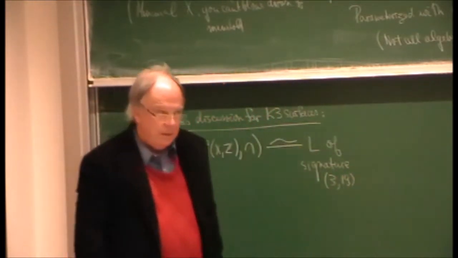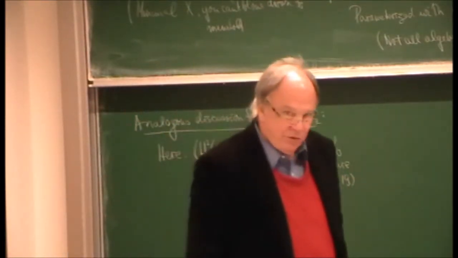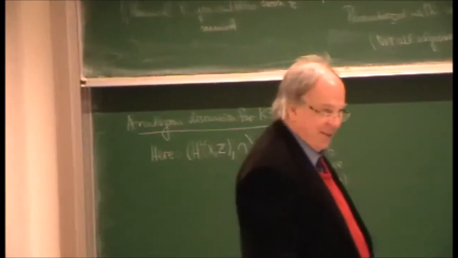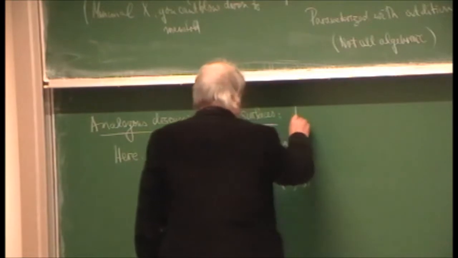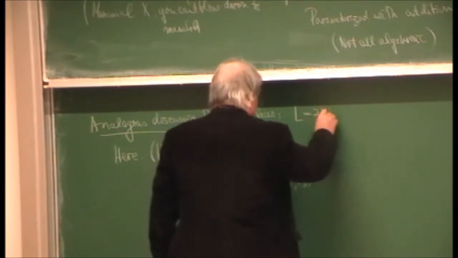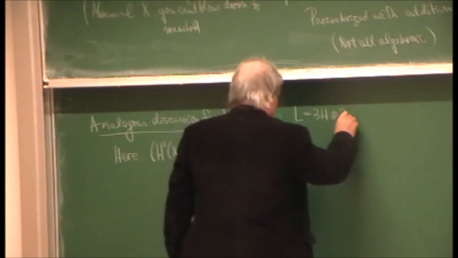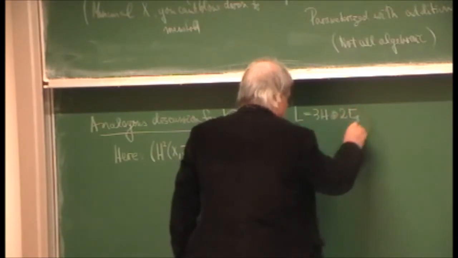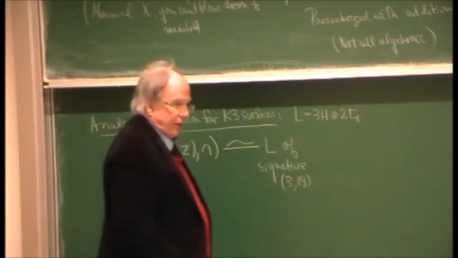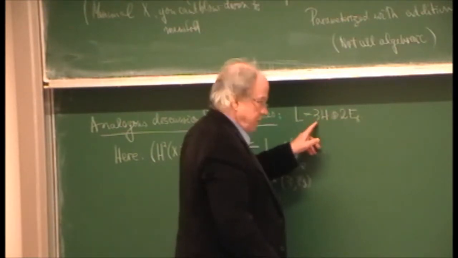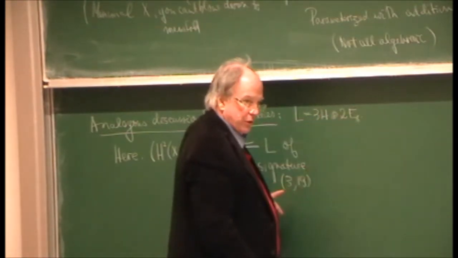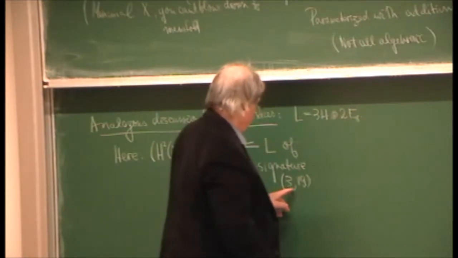And if you're interested at all, this lattice has a name. You take 3 copies of a hyperbolic plane and 2 copies of what is called E8. E8 is 8, 2 times 8 is 16, 3 times 2 is 6, 16 plus 6 is 22. So this is rank 22.